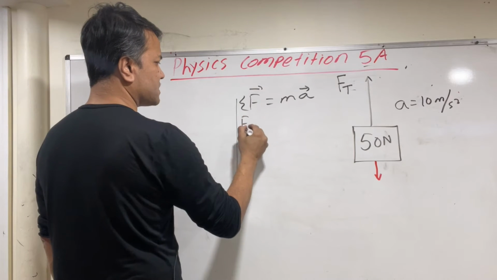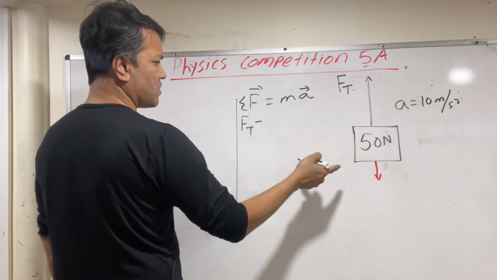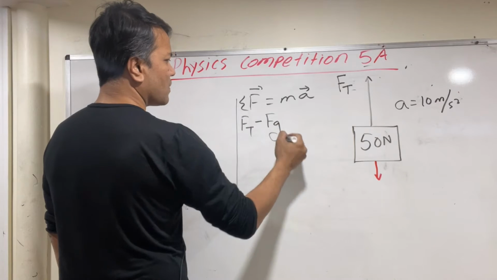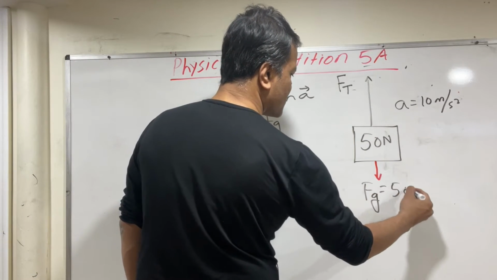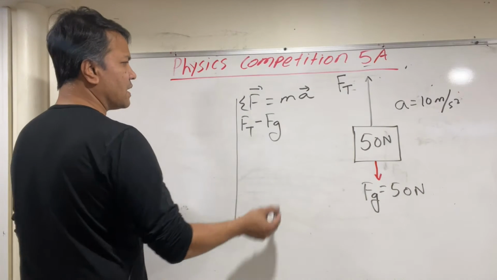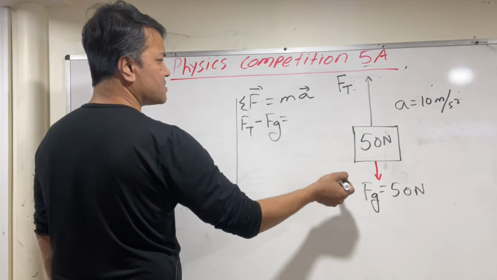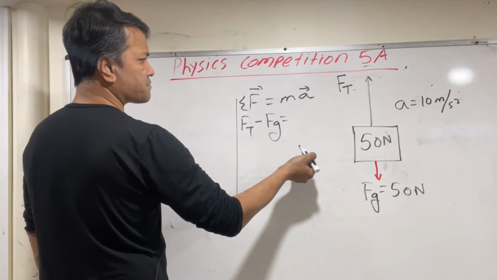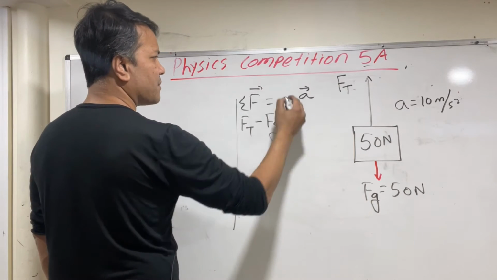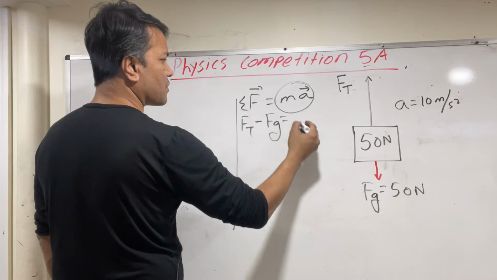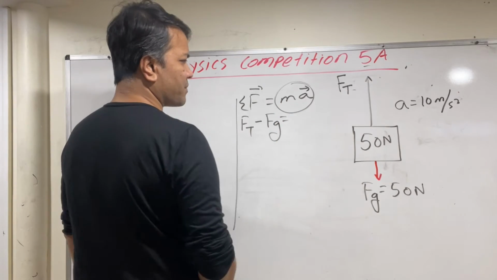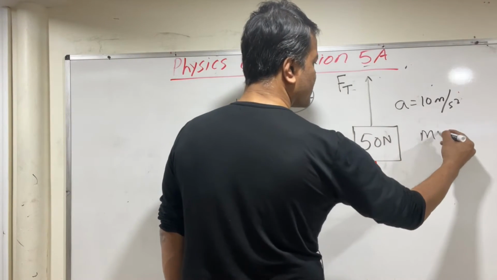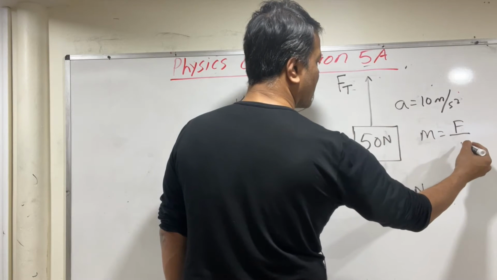So you have Ft minus Fg, and you're probably thinking, what is Fg? Fg is 50 Newton, is equal to ma. Of course we need the mass, so let's find out the mass.